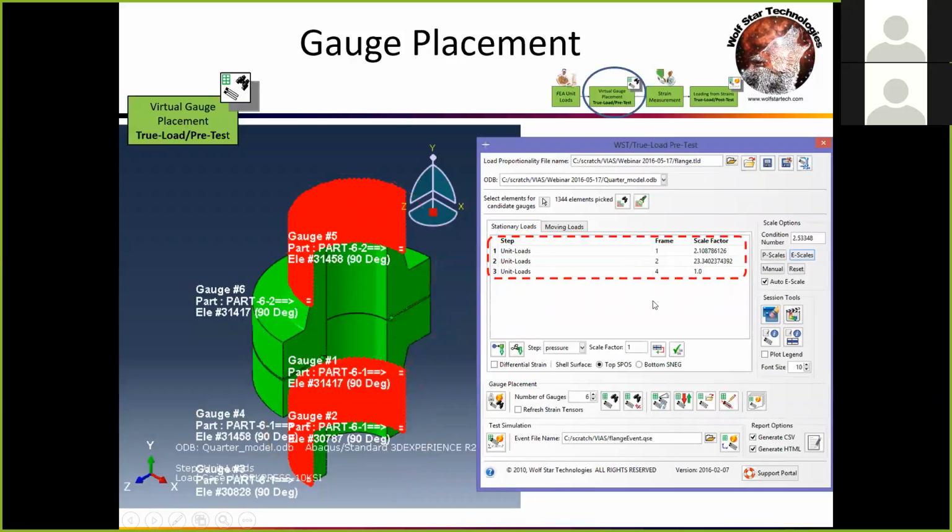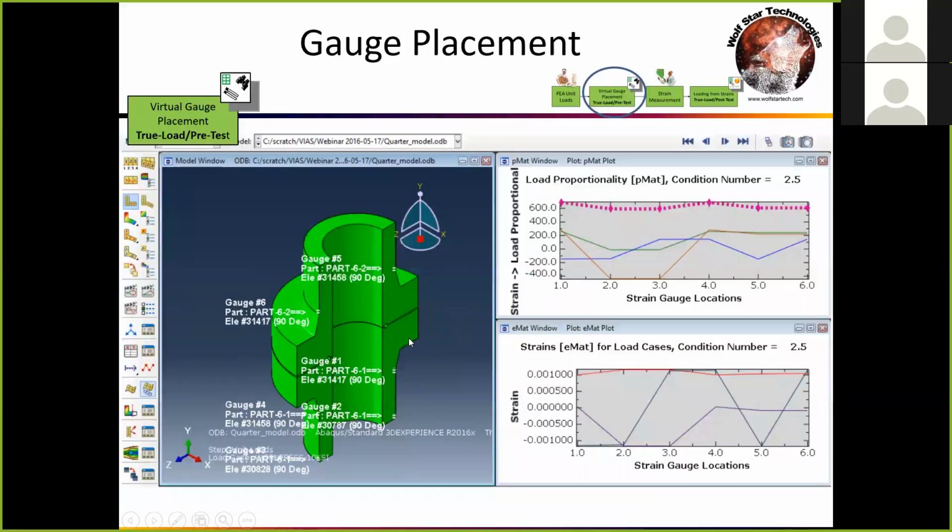We bring in the unit loads from the FEA model. We tell true load we want 6 strain gauges and to go plot them up. And then we did a little bit of tweaking and repositioning, but not much. Okay. And then again, we've got this very, very nice condition number, good gauge placement, and then same exercise now.